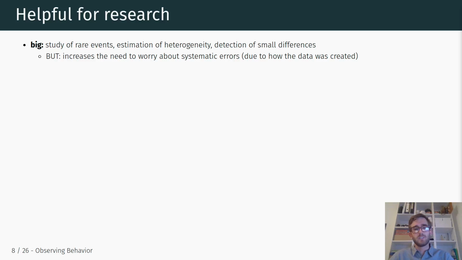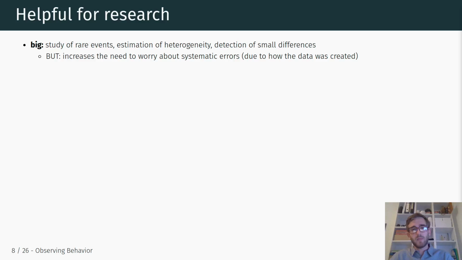One thing that is often forgotten as data sources become larger and larger and include more and more information, even if we have an impressively large data set that allows us to very precisely estimate certain treatment effects, is that large data sources actually make it even more necessary to worry about systematic errors due to how the data was created.